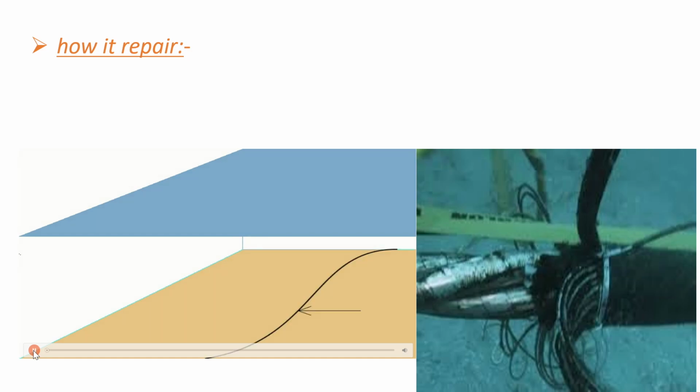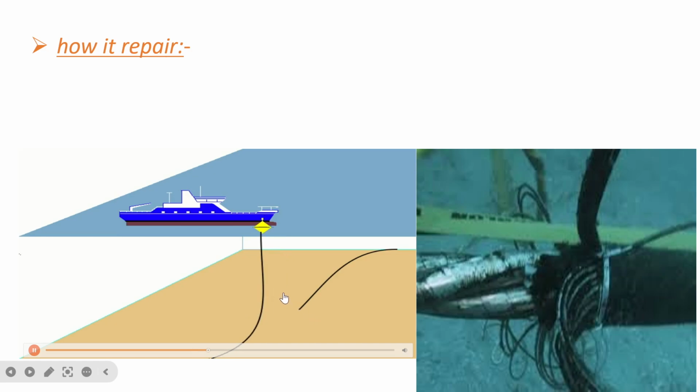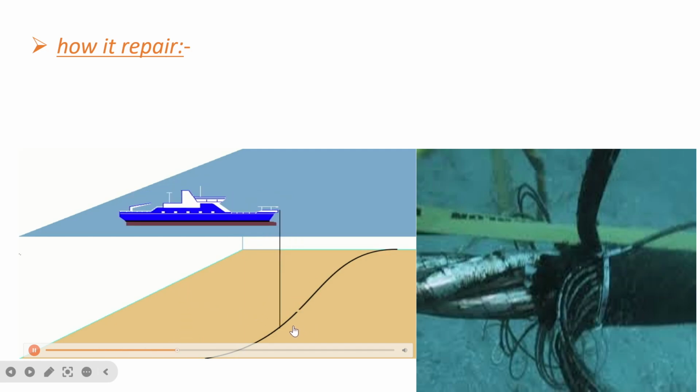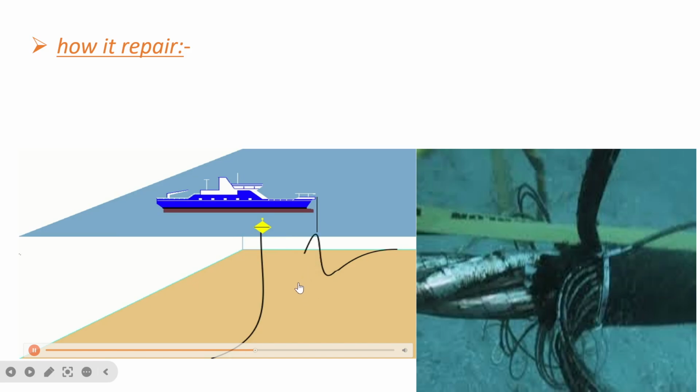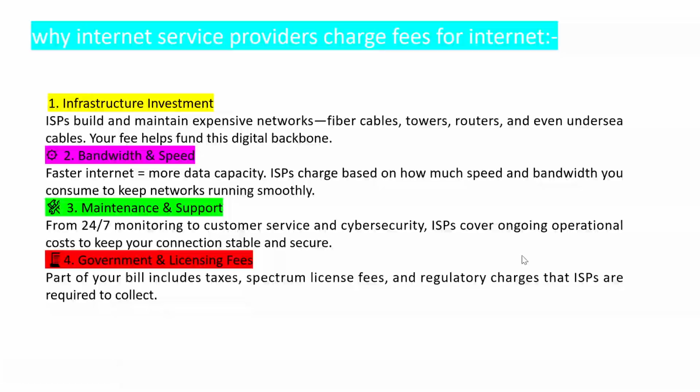A ship comes, cuts the wire, takes the upper side of the sea, bends it and lays it down. Once again I'll start the video. The ship comes and takes the damaged wire and lays it down on the seabed. You can see in this image how the wire is damaged.